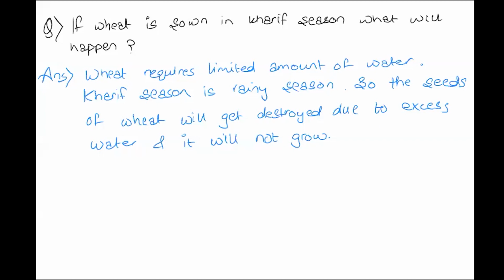Okay, moving ahead. Now can you tell me all the processes that we have discussed, in the sequence in which they happen? Sir, the first process is preparation of soil.